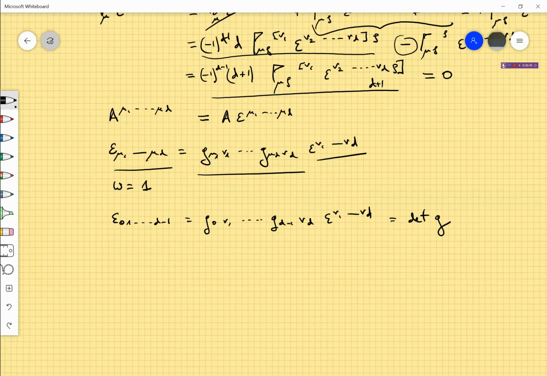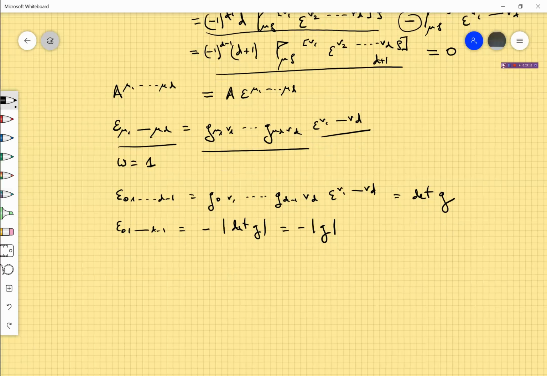In our conventions, the determinant of g is negative in 4 dimensions. This means that epsilon_{0,1,...,d-1} is minus the absolute value of the determinant of g, which is what sometimes I write as this. This is to emphasize that it is negative.